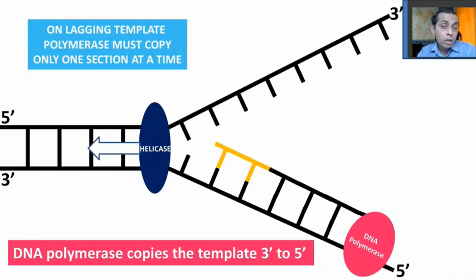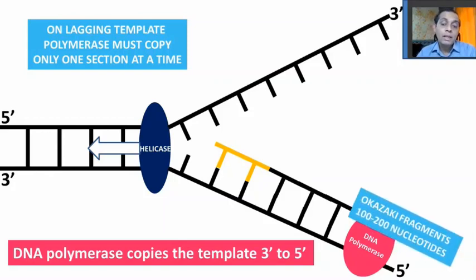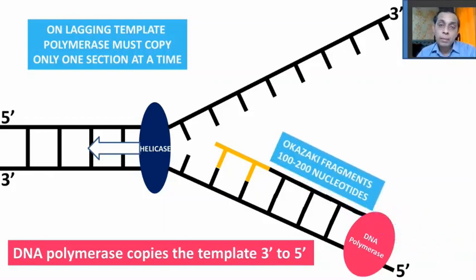Now the new fragment will be formed once the helicase opens the helix further, more and more ahead in the given direction, and allows further replication of the lagging strand. That means the lagging strand is going to have breaks, and these small fragments have a name. They are called Okazaki fragments.